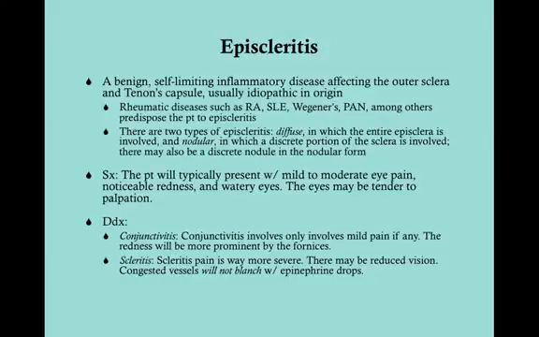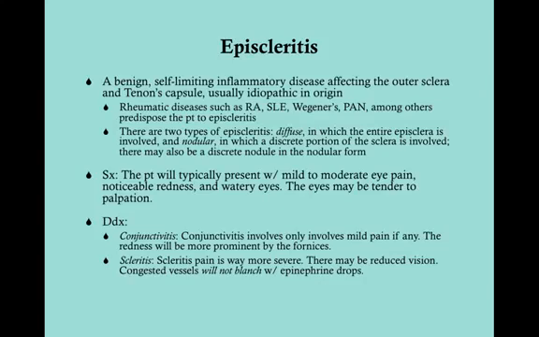It can also be associated with giant cell arteritis and ankylosing spondylitis. That's all I can think of right now, but you get the idea. Those autoimmune rheumatic diseases are associated with episcleritis, especially RA.